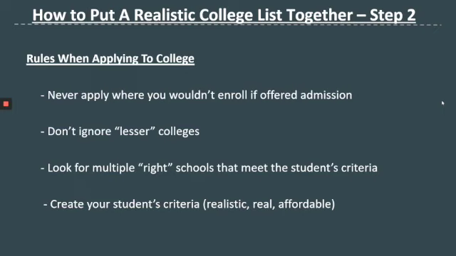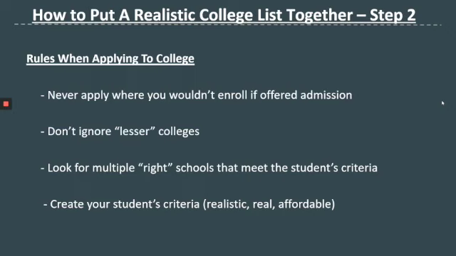They should still be schools that match your criteria and where your student would be excited if they're admitted. So don't ignore the lesser schools by going on reputation and rating and rankings alone. There's a lot of great colleges out there with great programs and great learning environments and social environments, and potentially as well, great financial aid offerings.